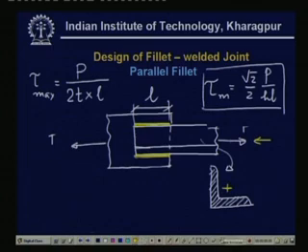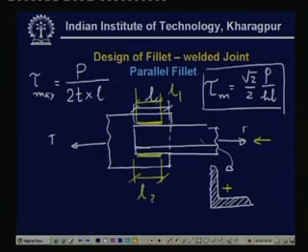So, now we have to make, so this will have length L1 and this will be of length L2, let us say, and L1 and L2 are not equal, and this axis is the axis of the geometry, of the center of gravity of this cross section.